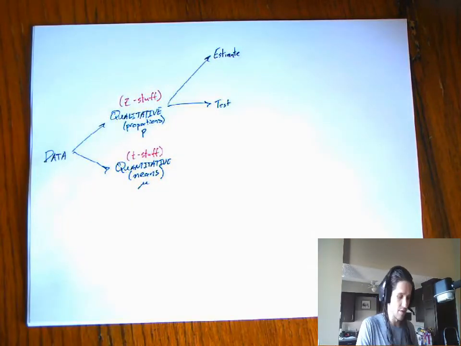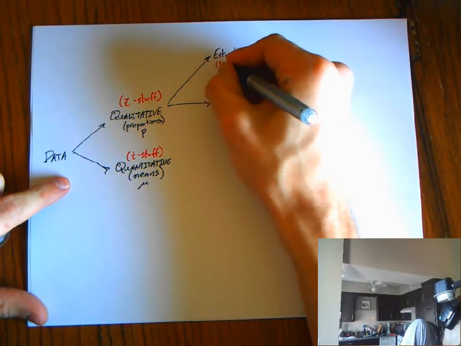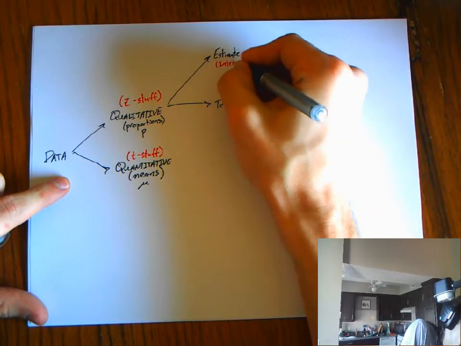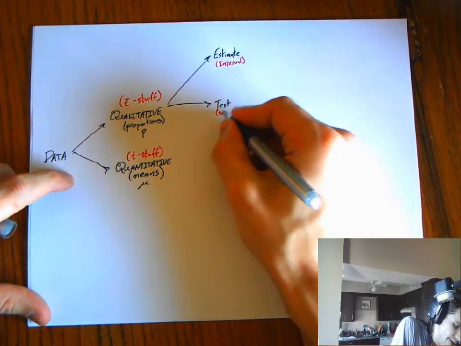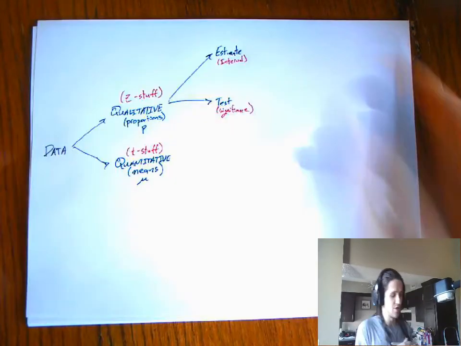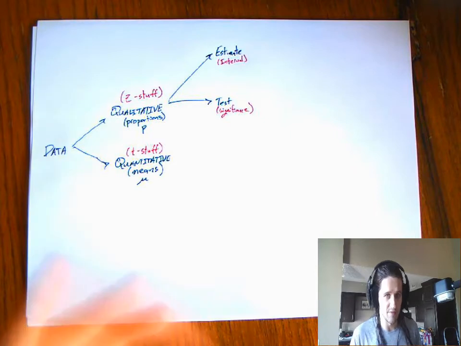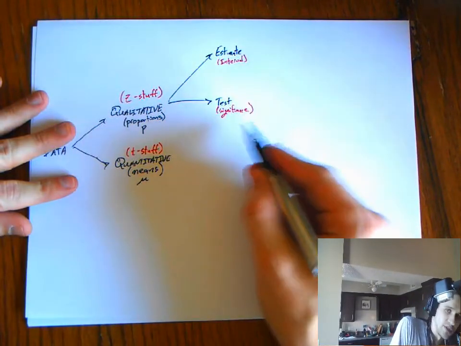We're going to be making an interval. If we're asked to test, it's obviously a significance test. So we're going to either estimate or we're going to test. If it's estimating, it's an interval. If it's testing, doing a significance test.